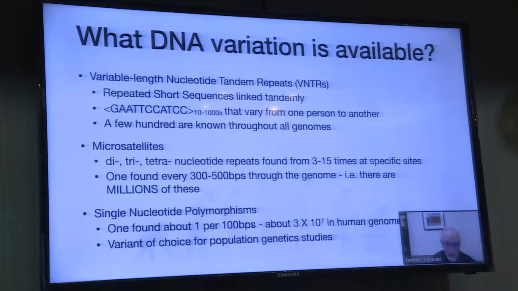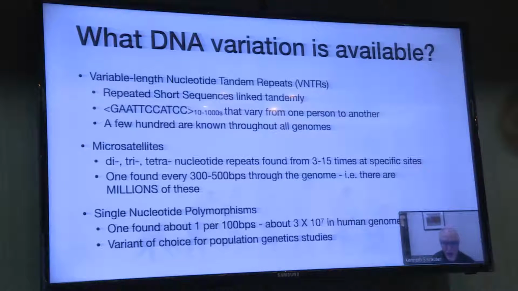And in humans, we've only been on the planet as a breeding species by itself for about 2 million years, which in evolutionary history is a relatively short time. But nevertheless, in that time, about 30 million of these single nucleotide polymorphic sequences have evolved in the genome.